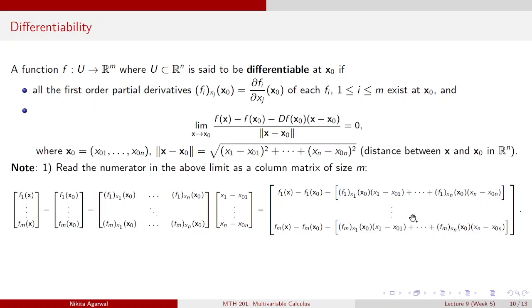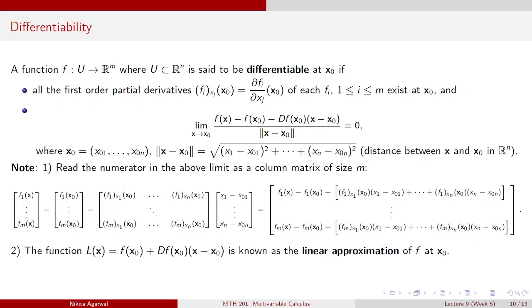So when you look at these terms, you are taking this one term with this term, plus one term with the second term, and so on. So this is what you get. Okay, so I would like you to spend a couple of minutes on this slide just to be sure about all the notations.